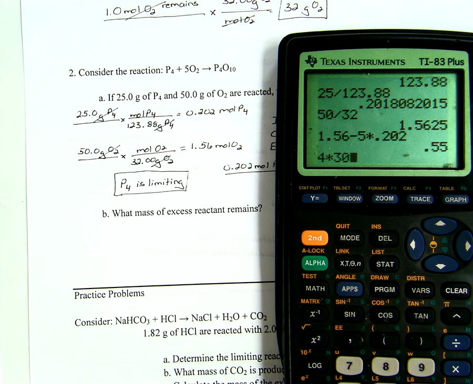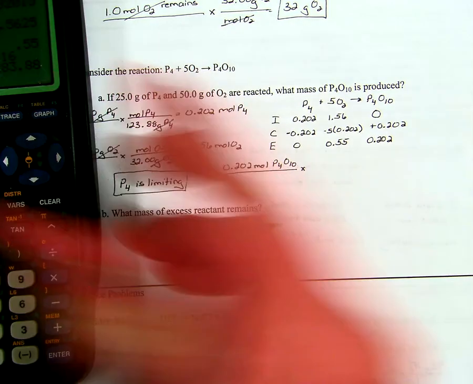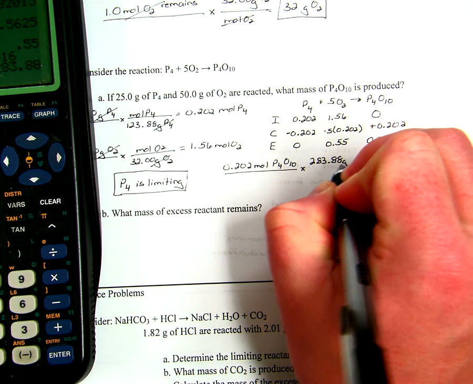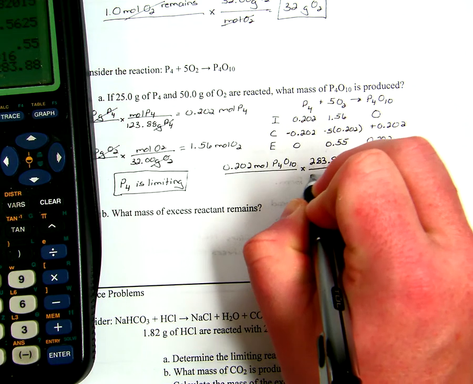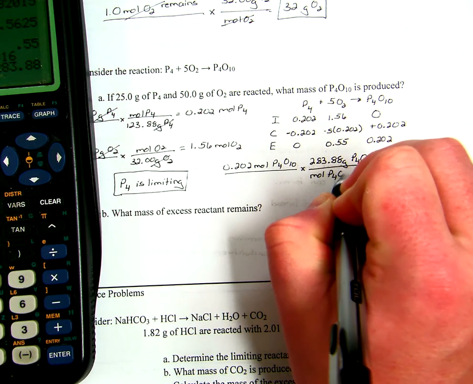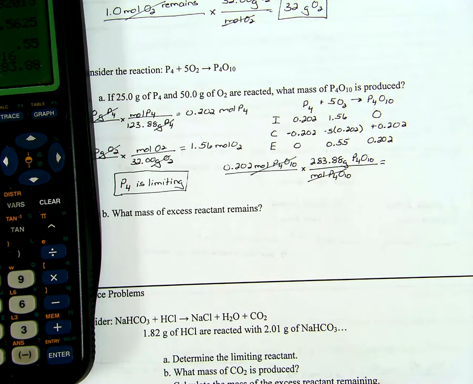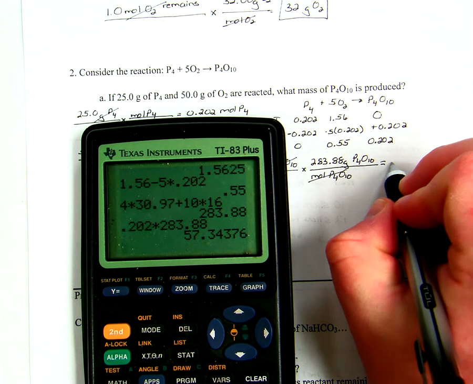That's 283.88 grams P4O10 for every mole of P4O10. Moles cancel. And then just doing the calculation, we have 0.202 times 283.88. Get 3 sig figs, so that is 57.3 grams P4O10.